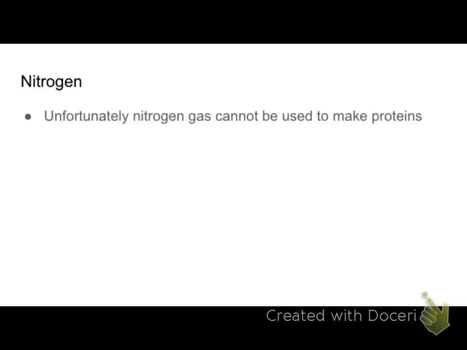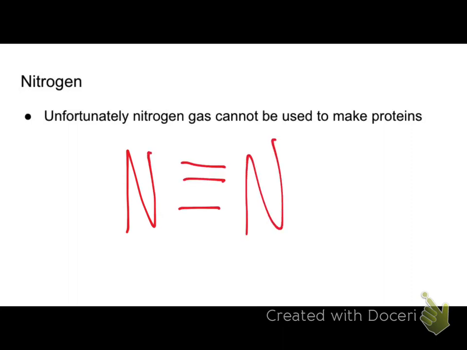The issue that we have is that nitrogen gas cannot be used to make proteins. So nitrogen gas is formed in what we call diatomic molecules. That means that in nitrogen gas, the atoms of nitrogen are bonded to each other like this.